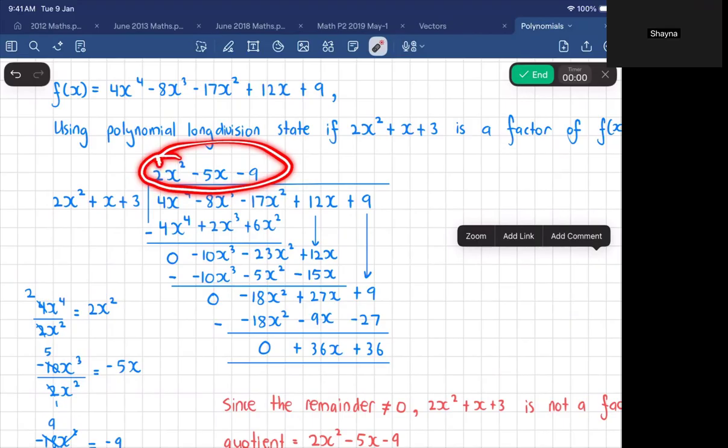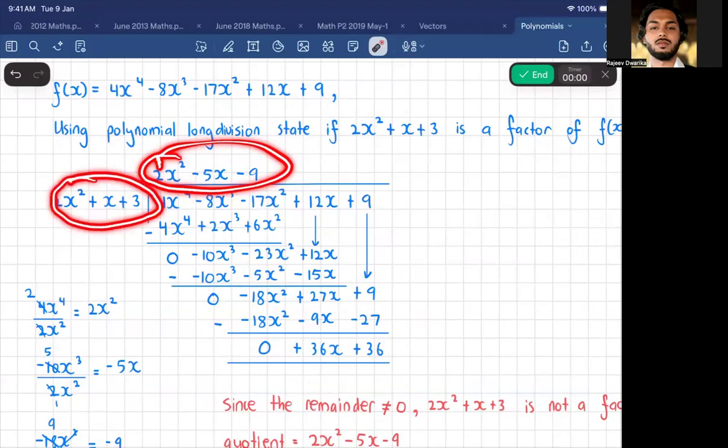The quotient, right? And this would be the divisor, right? Okay, and what would this be?